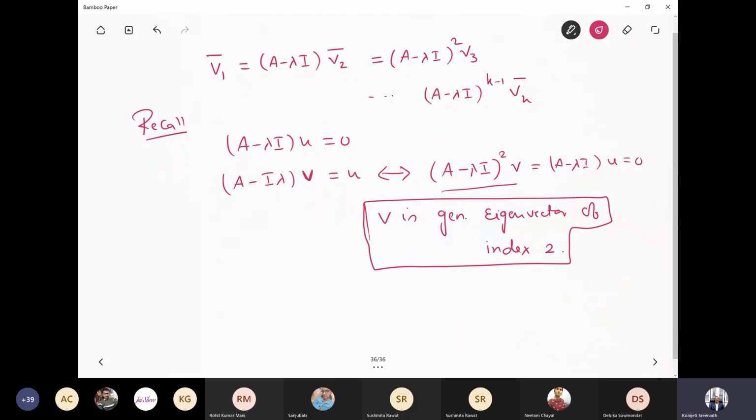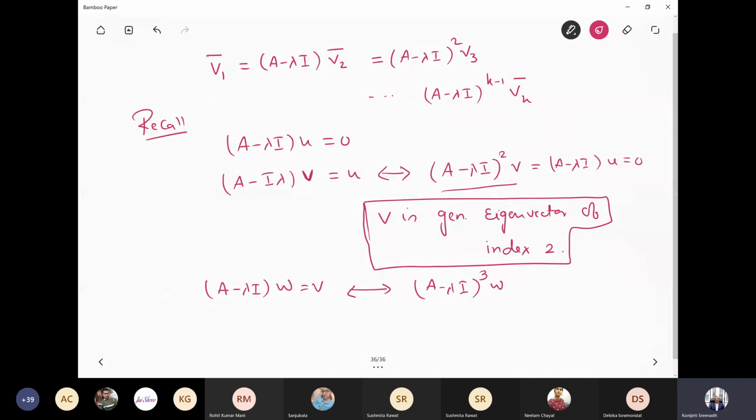We are looking at the solution of a differential equation. Existence of generalized eigenvectors: how many such generalized eigenvectors does a matrix have? Similarly, the other one is going to be (A minus lambda I) of w equals v. So you can see that this is the same as (A minus lambda I) cubed of w. Taking one (A minus lambda I) of v gives u, and then (A minus lambda I) of u becomes 0.